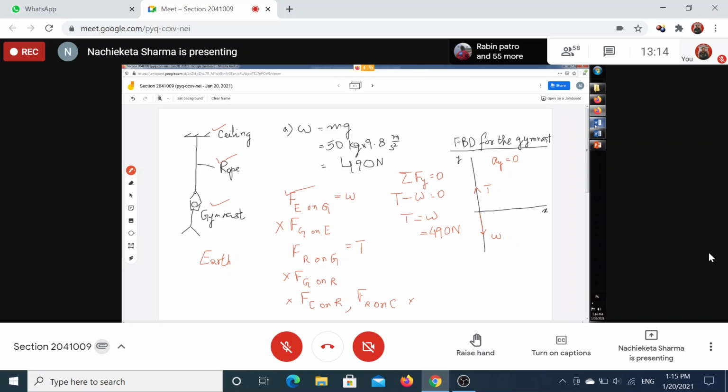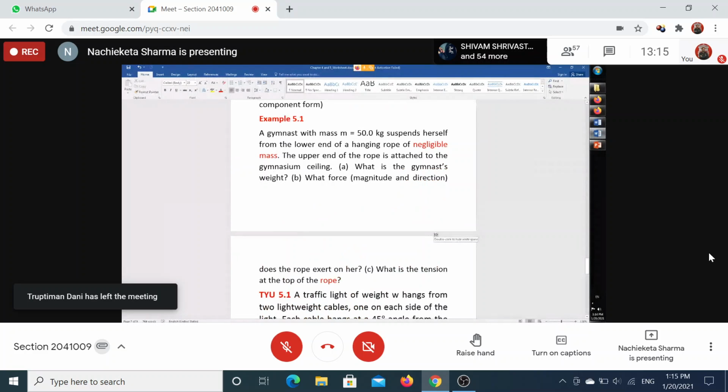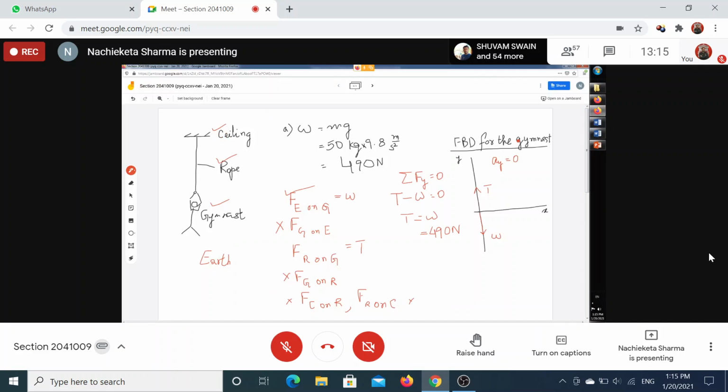Look at this bit: what is the tension at the top of the rope? So for you, now the rope is important, so you have to draw the free body diagram for the rope. So I will write free body diagram for the rope. Okay, so this I will make the rope.